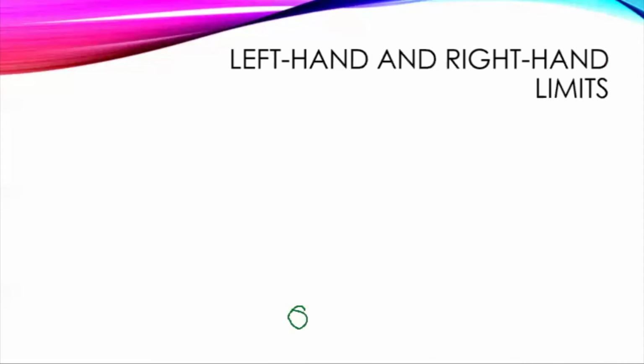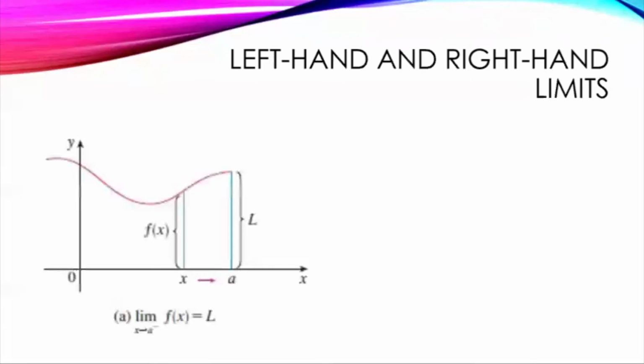So let's erase this one first. In this case, we are going to present the geometric interpretation of left-hand and right-hand limits. For the left-hand limit, suppose this is our y is equal to f of x. This is the graph of y is equal to f of x, and this is our a.